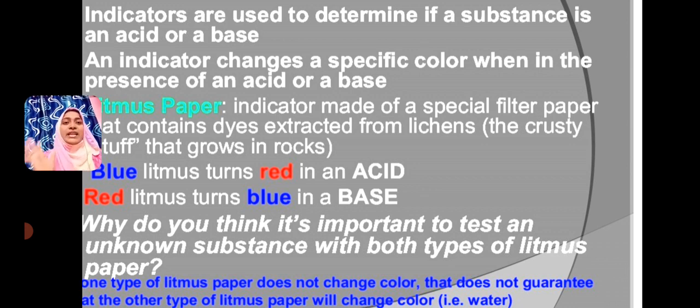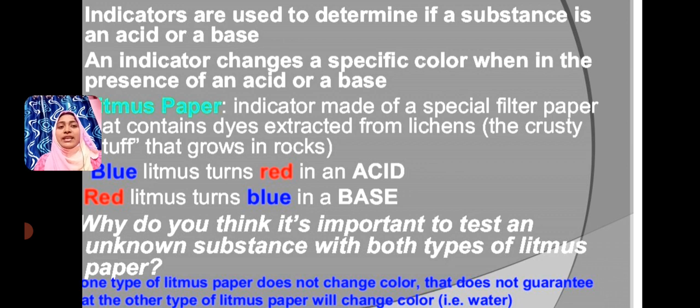If we take the red litmus paper, or you can see pink-colored litmus paper, and dip it into a solution of a base, it will turn blue. So the solution indicates that it consists of a base.